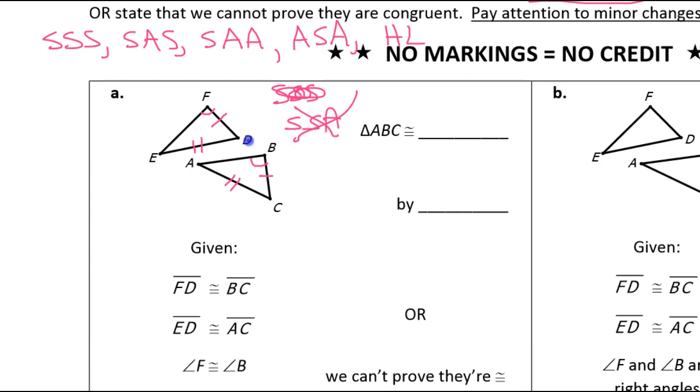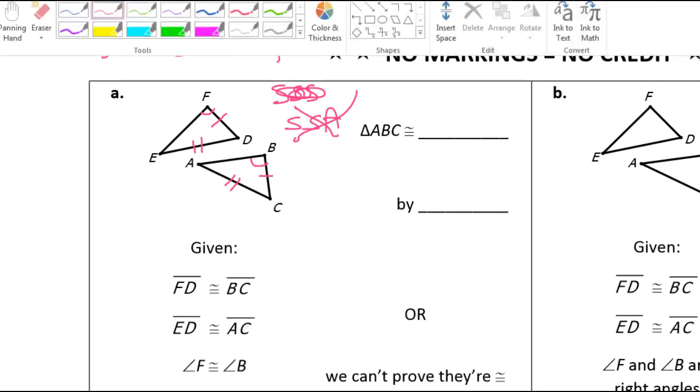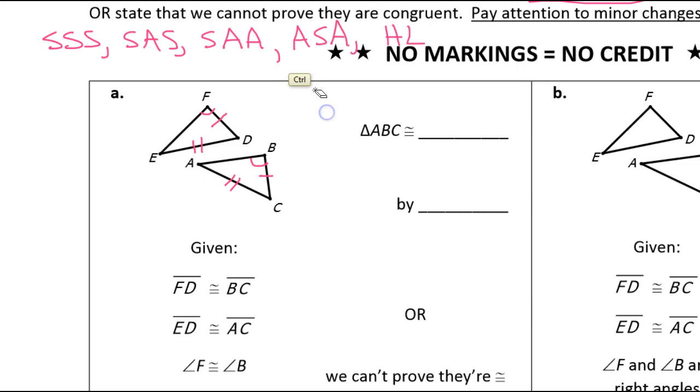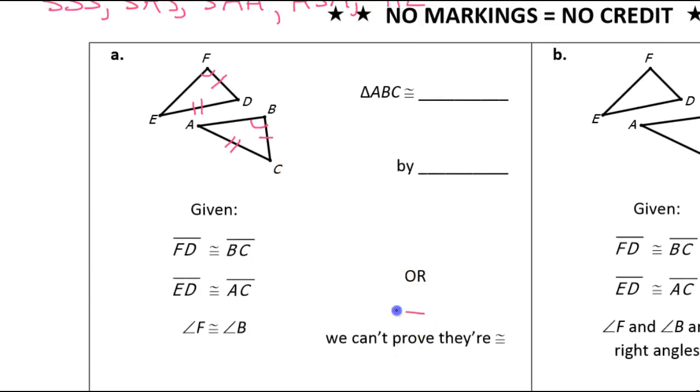Other than hypotenuse leg, the special case, and this is not a right triangle, so we can't use hypotenuse leg. Side-side angle does not prove that triangles are congruent. So we cannot prove that they are congruent, which I guess we can just circle. And if we're circling this, we cannot fill in the other 2 lines. Don't make a congruence statement if you can't prove they are congruent.